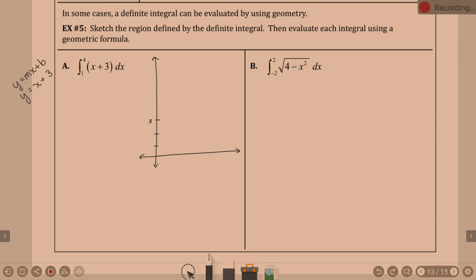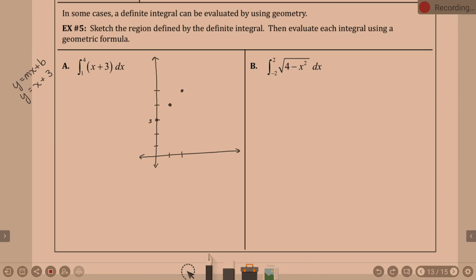Now, the more precise you can make this drawing, the better, because we're going to have to find the area by hand in a moment. So, I know there's a point at 3, right? Where's my next point? 1, 4. I'm going to keep going. Where's my next point? 2, 5.